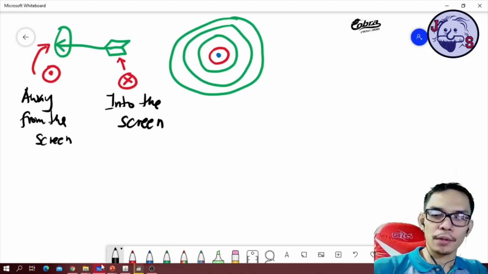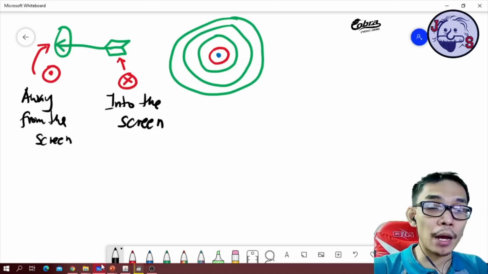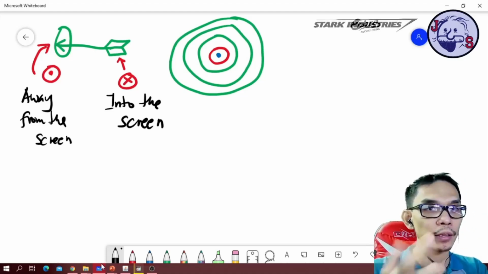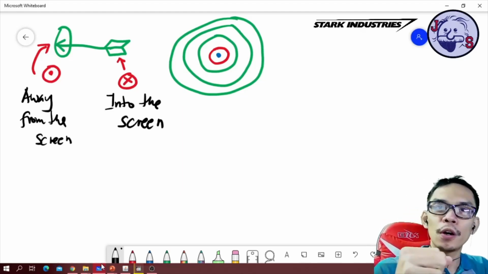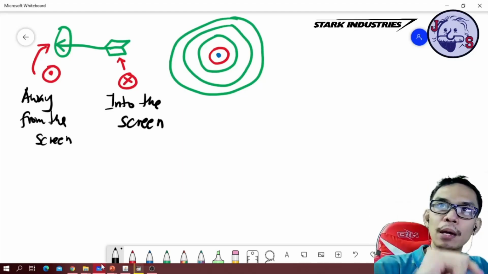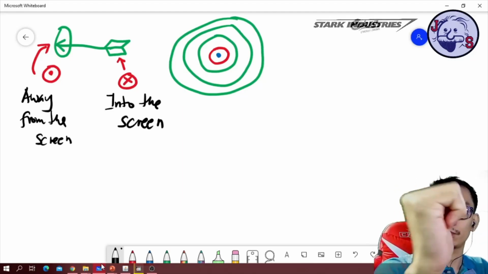So what is the direction of the magnetic field in that particular example? You can pause the video and try to figure out the answer using the first right-hand rule. It says that the current is going away from the screen, so it's going towards me.